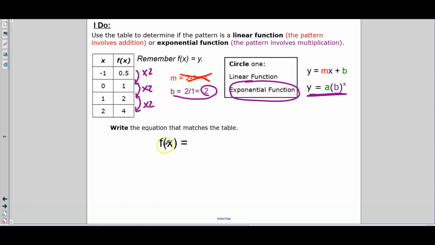I can leave that f of x there. a is going to be what we have in our chart as our y-intercept, and I pointed it out earlier that anytime you have a 0 in front, this right here has to be your y-intercept. So we know that 1 is the y-intercept. 1 is equal to a, and that's also my y-intercept.